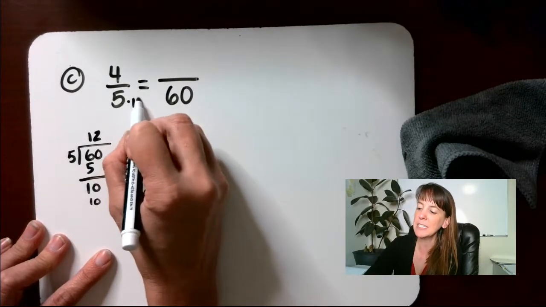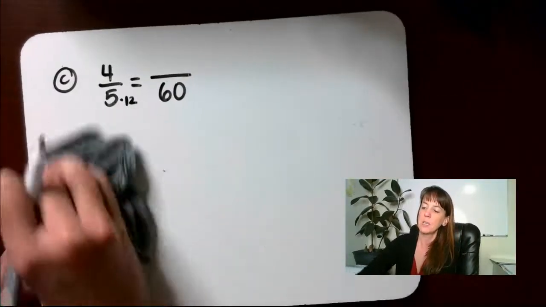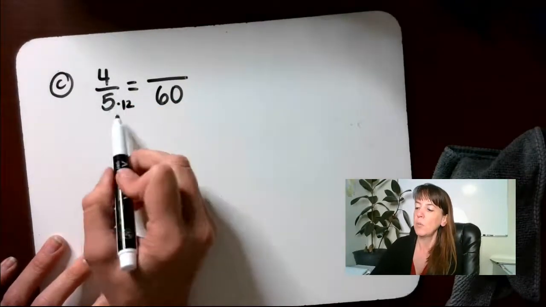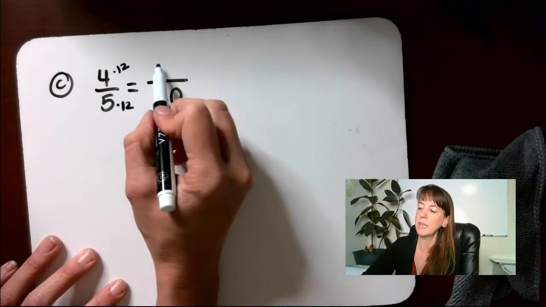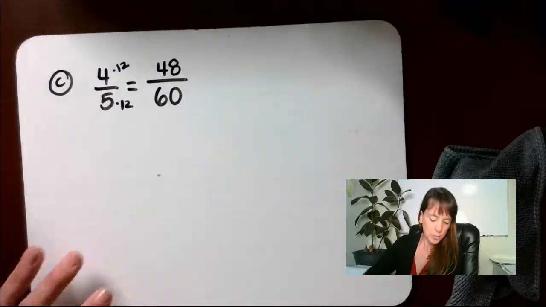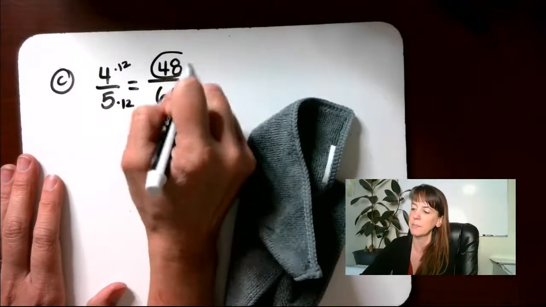So 5 times 12, and I should make sure you have a multiplication chart for that purpose. What we do on the bottom, we got to do on the top here. Okay, so multiply that by 12, we get 48. So what number is 4/5 of 60? 48. This is your answer right here. Okay, make sure to circle your answers, okay?